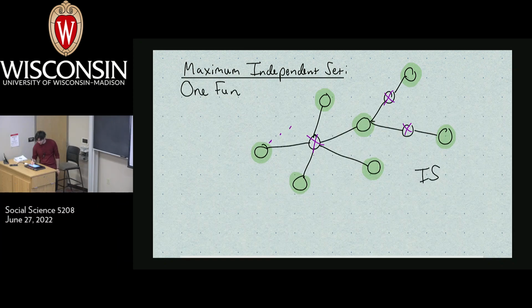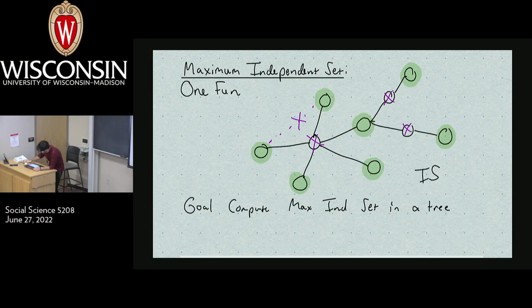So there's nothing like this. And our goal, as you could imagine, is to compute the max independent set in a tree. So you want to maximize the number of guests you can invite to your wedding.